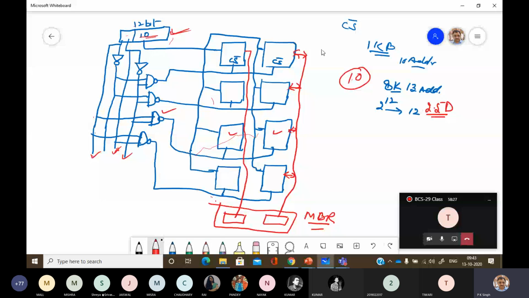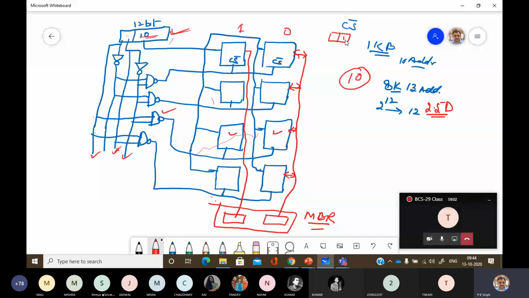If you see the distribution of information, suppose this is bank 0 and this is bank 1. All even addresses are in this bank and all odd addresses are in this bank. So suppose you have an integer written in 2 bytes.